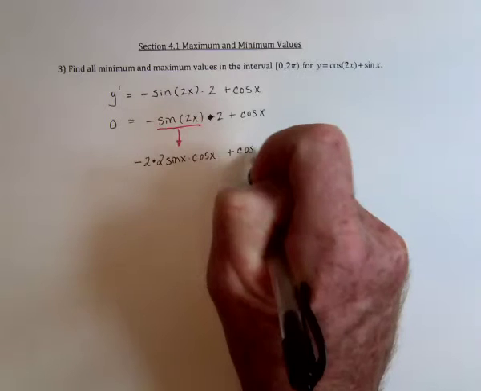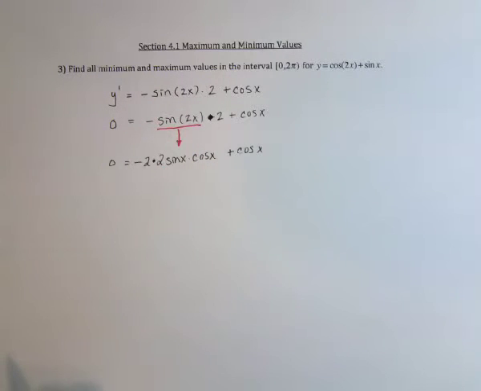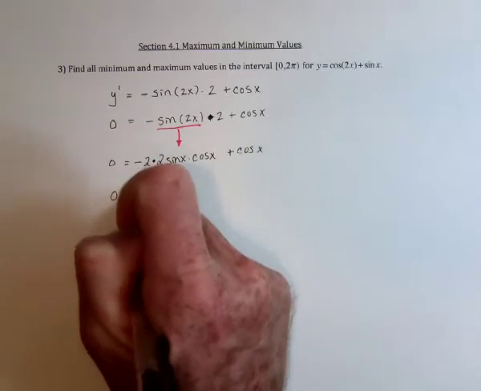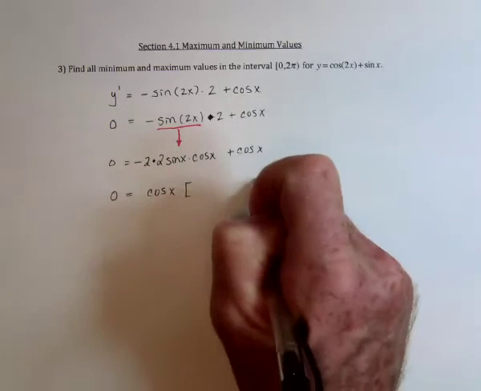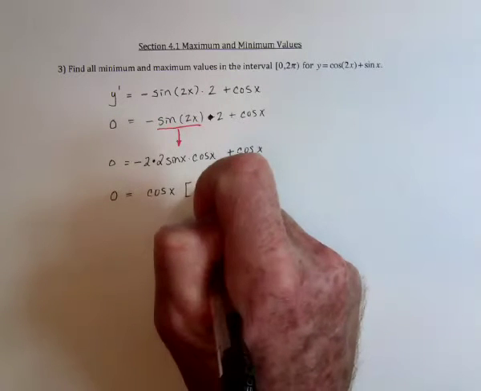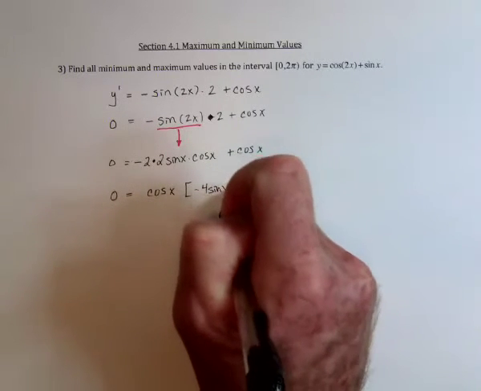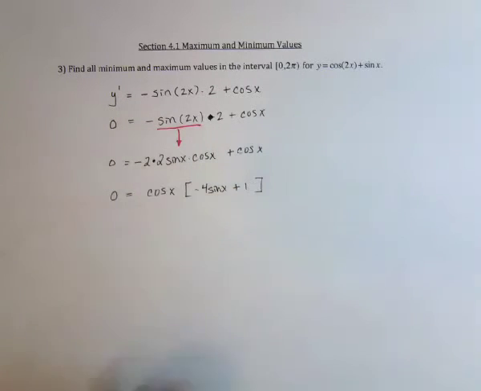And now that we have cosine of x showing up in each thing, we can factor out cosine of x. So we'd have 0 equals cosine of x gets factored out from those two terms. Here it would leave negative 4 sine of x, and then if I factored out cosine, it leaves a 1.